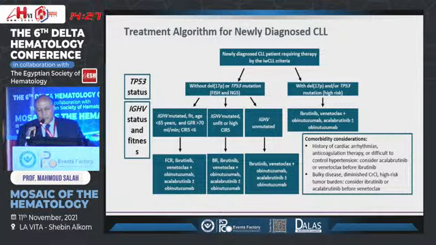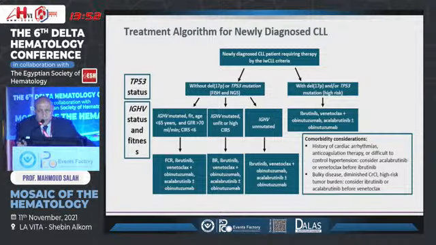When you are facing a newly diagnosed patient with CLL, candidate to start treatment according to the International Working Group CLL criteria, first of all, we focus on the age of the patient, the comorbidities, the performance status, and the biology of the disease, regarding whether this patient is harboring any mutations like TP53 mutations or deletion 17p according to the FISH analysis, or IGHV mutation status.